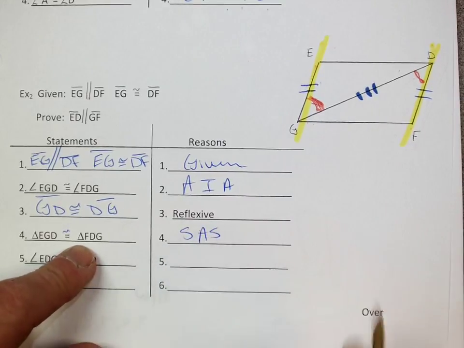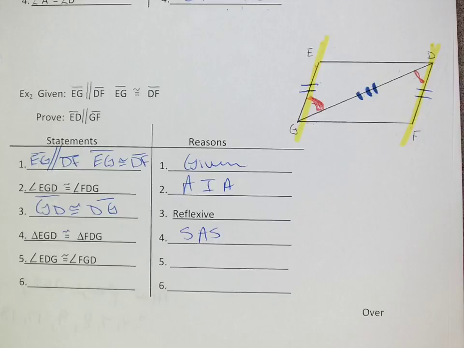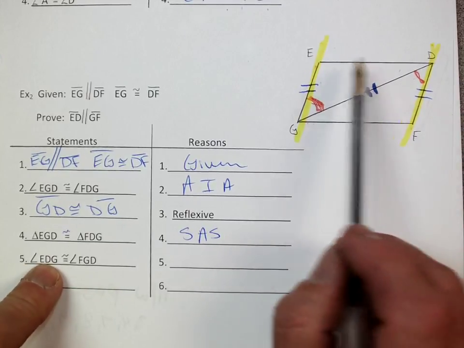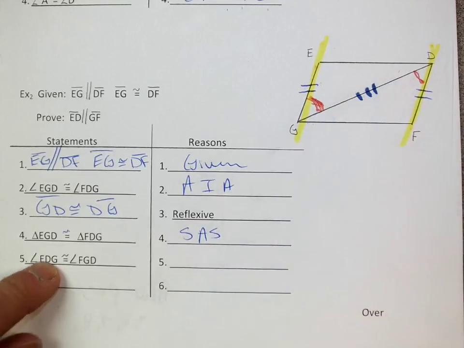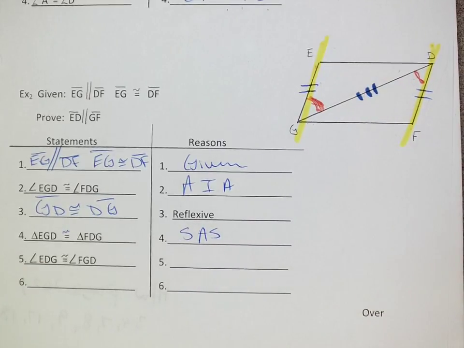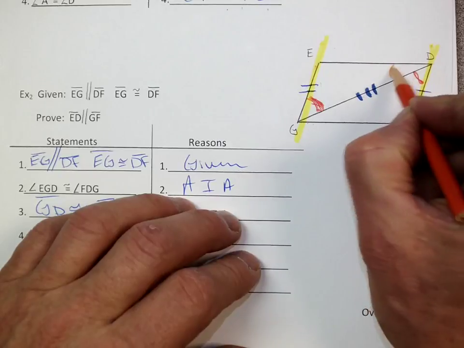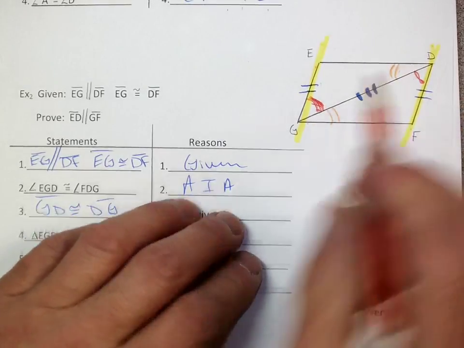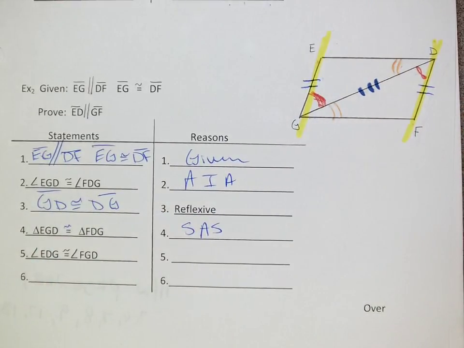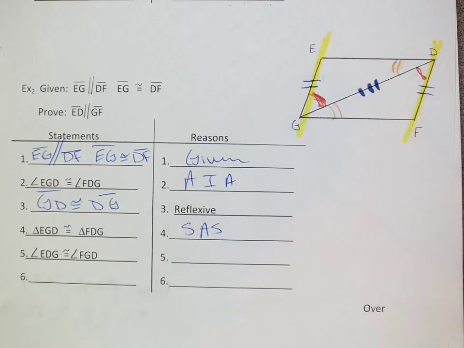SAS. Okay, now we're going to say that angle EDG, this angle here, has got to be congruent to this angle, okay? Why? CPCTC. Yeah, once you get the two triangles congruent, you can say anything about them, right?